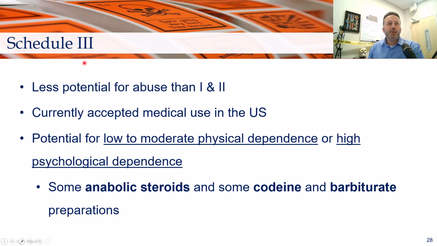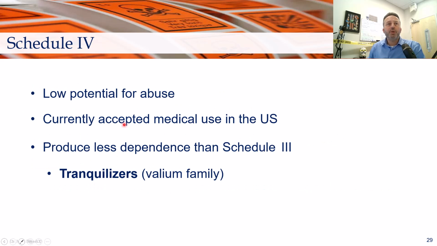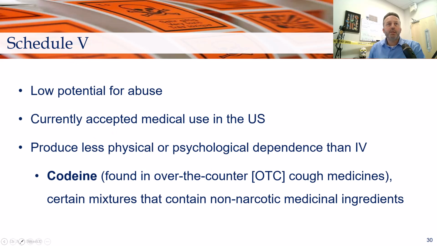And then Schedule 3: these drugs have less potential for abuse than Schedule 1 and 2, with some accepted medical use in the United States, and their potential for physical dependence is lower than Schedule 1 and 2, but they have high psychological dependence. The same logic goes for Schedule 4 and finally Schedule 5, where we have pretty much most of the prescribed medications.